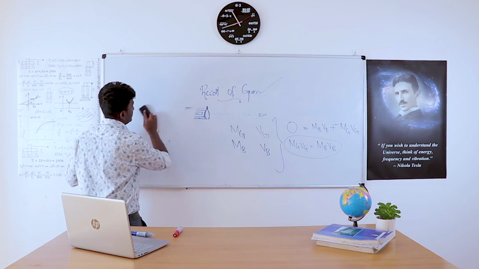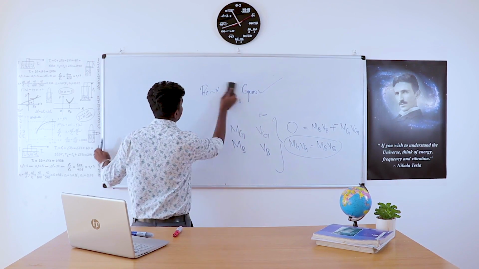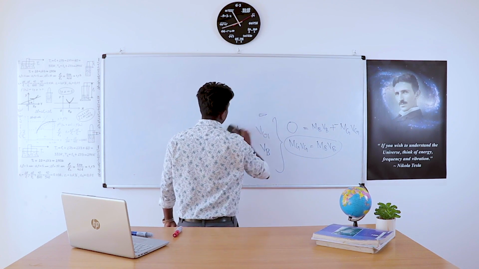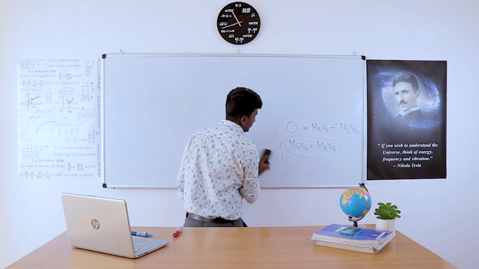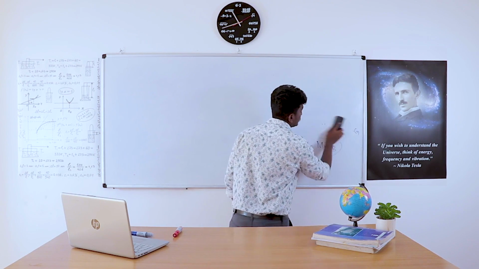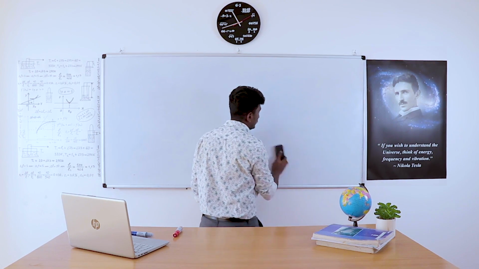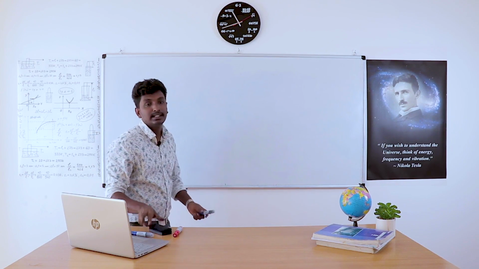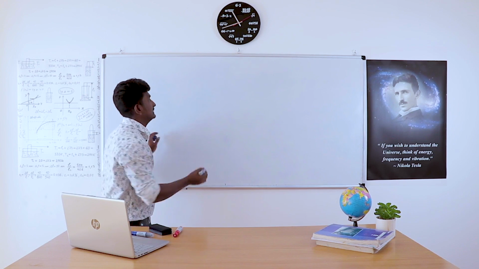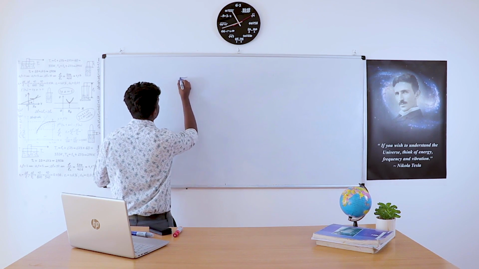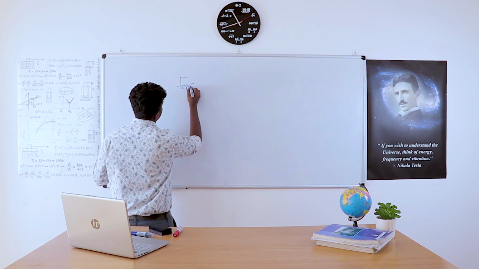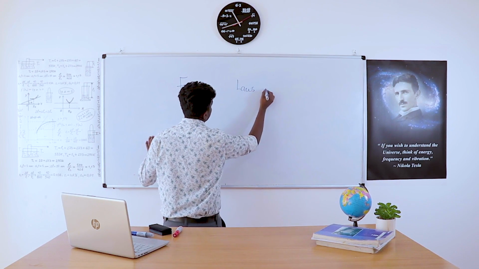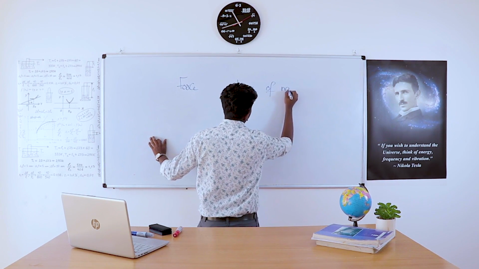That's the final topic. Thus, we have finished our second chapter, Force and Laws of Motion. Now, we have to recollect what we have learned completely in this chapter. Just listen. I am recollecting what we have learned. Force and laws of motion.